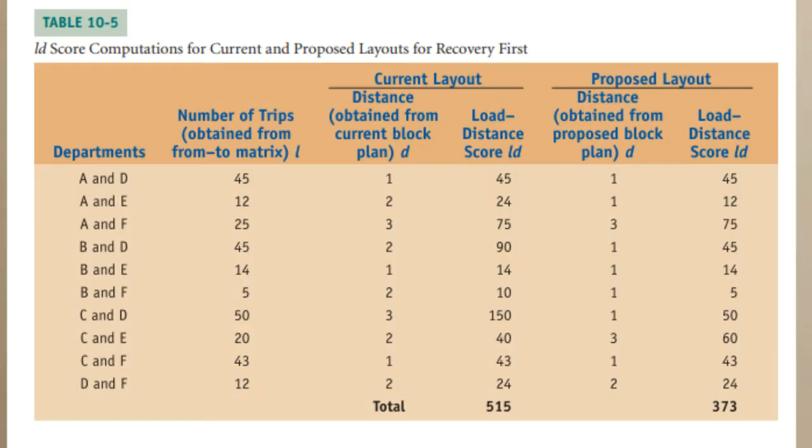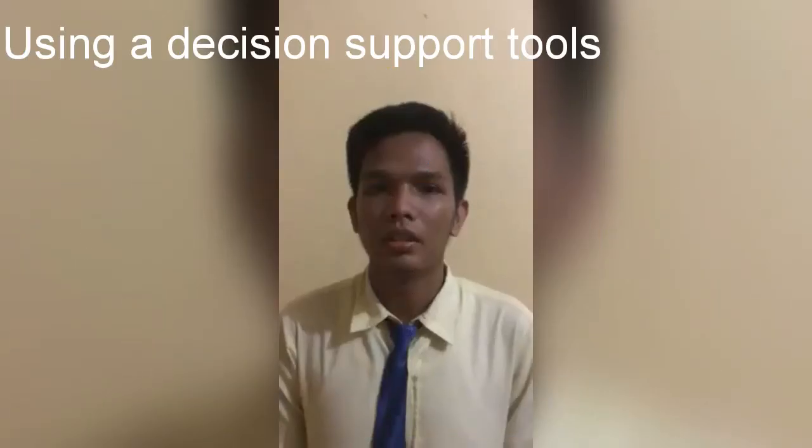We've seen in the illustration the computations for current and proposed layouts for Recovery First. We've seen that the proposed layout is better and more accurate than the current layout. Using trial and error to develop a layout plan can often lead to satisfactory results. You can imagine how many layout alternatives there would be for a facility with 50 different departments.